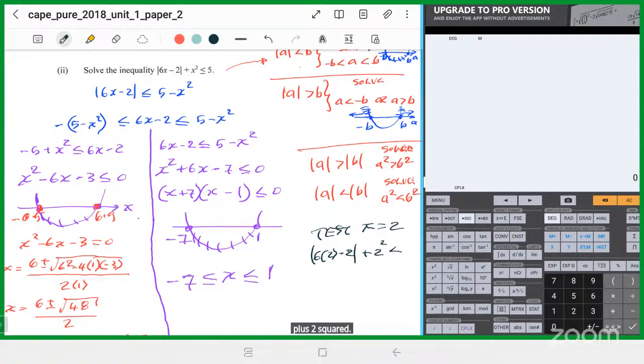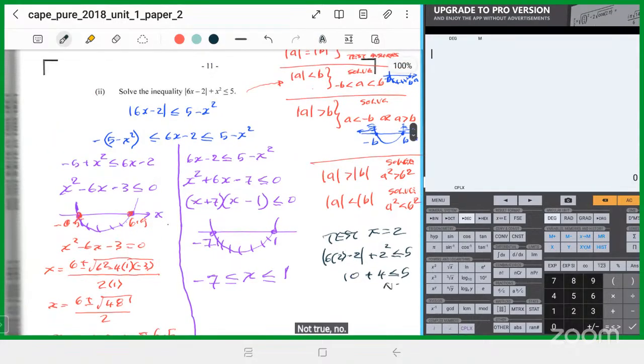We want to see if it's less than or equal to 5. Now 6 times 2 is 12. 12 minus 2 is 10. The modulus of 10 is 10. This is 10 plus 4.